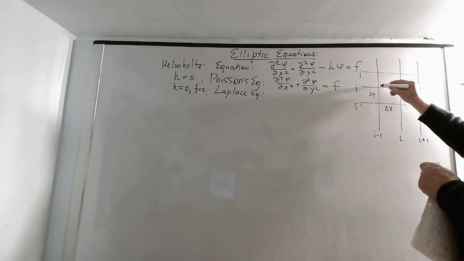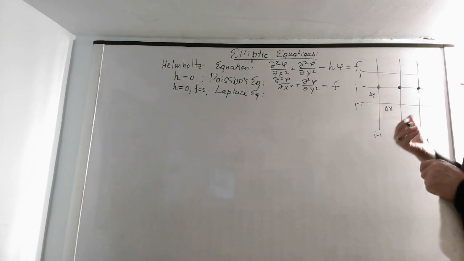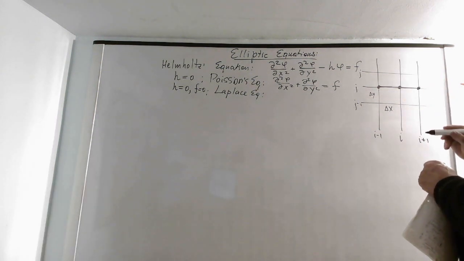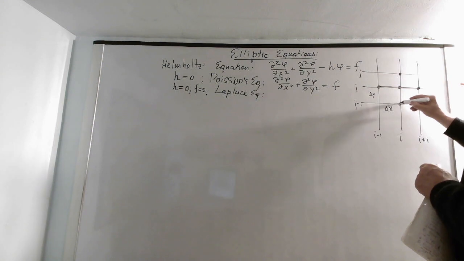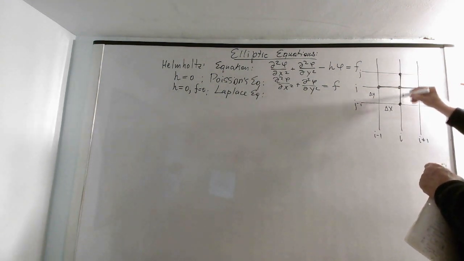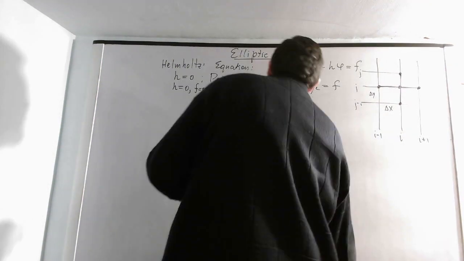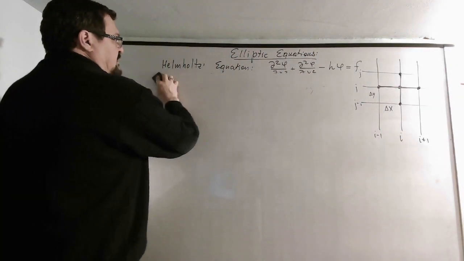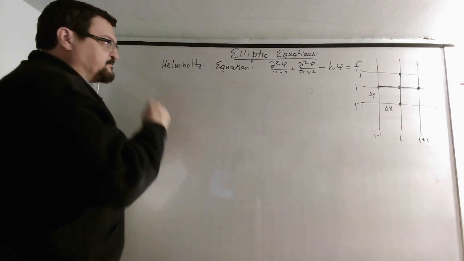To approximate a second derivative with second order accuracy, we need 3 grid points. So we use these 3 grid points in this direction, and for the other derivative we use 3 points in this direction. So this is our general pattern that we'll use for our Helmholtz equation. So let's write our Helmholtz equation in finite difference form.